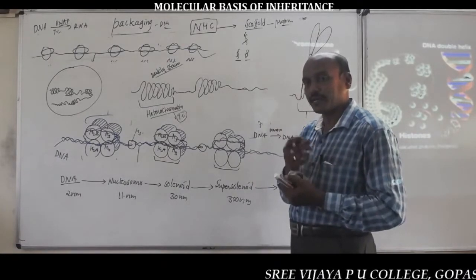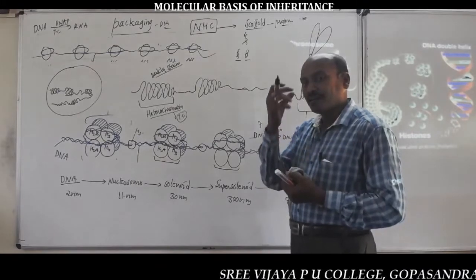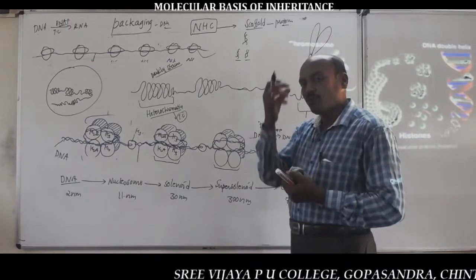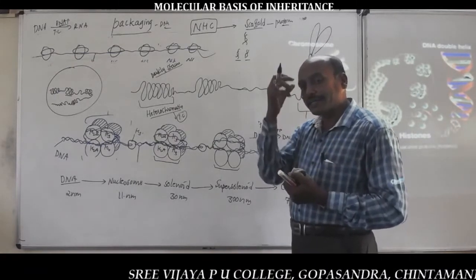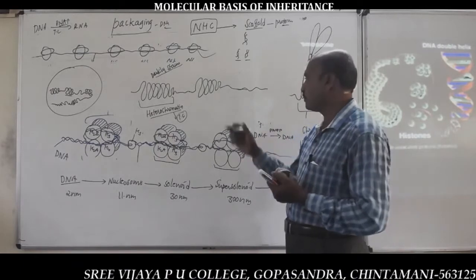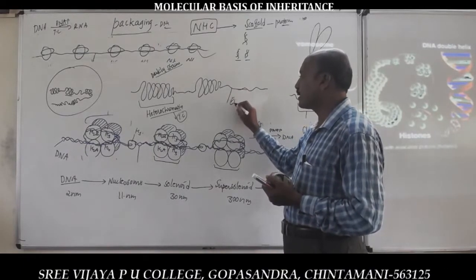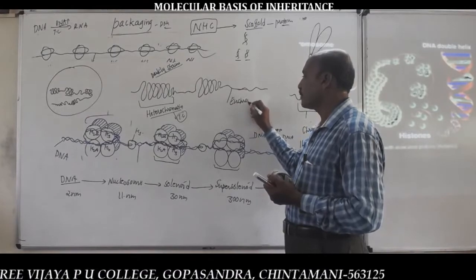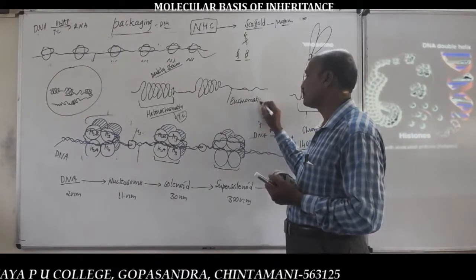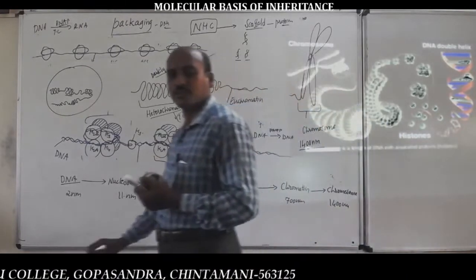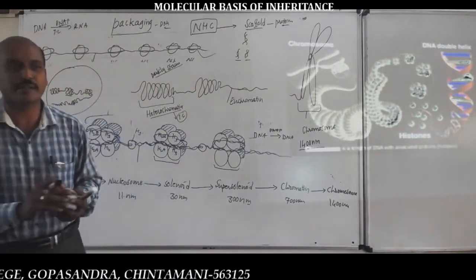Very important. This lightly stained, loosely packed region of chromosome is called euchromatin. So you should remember this statement clearly.